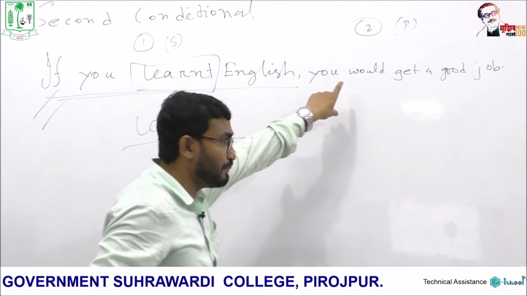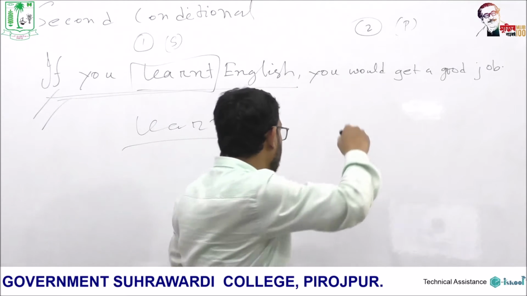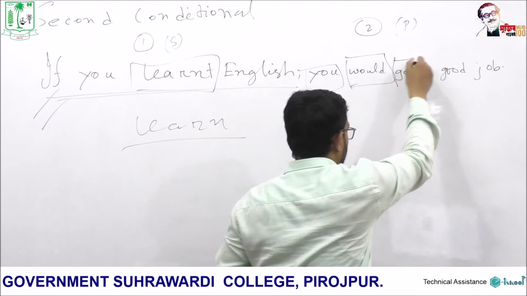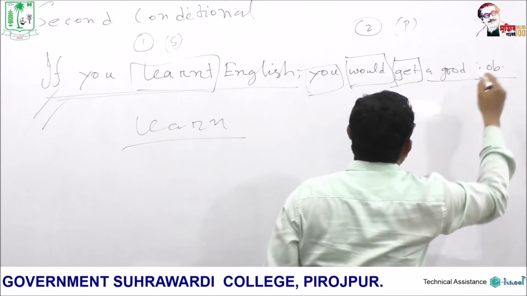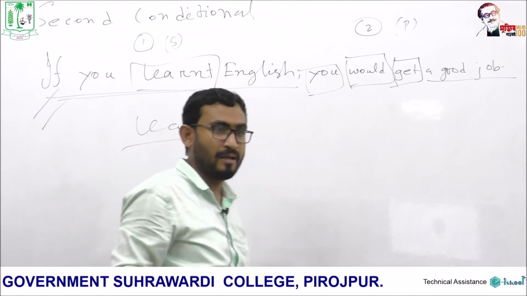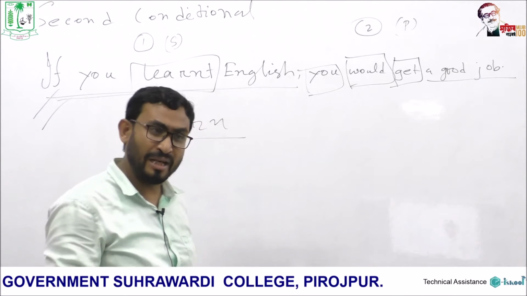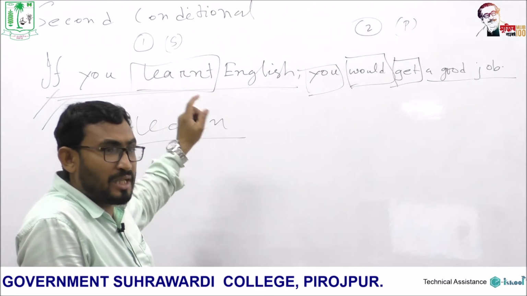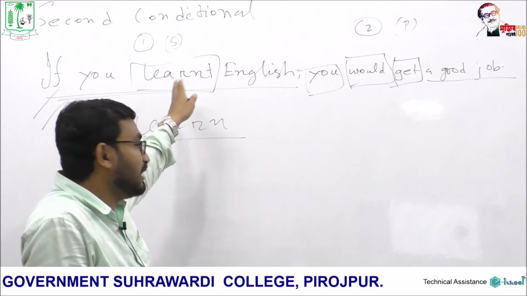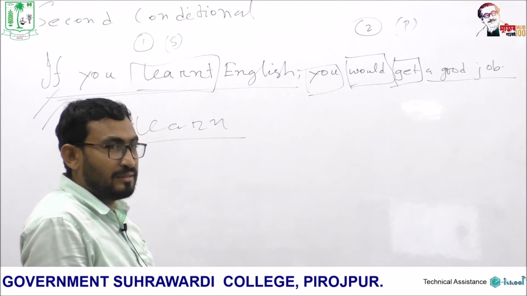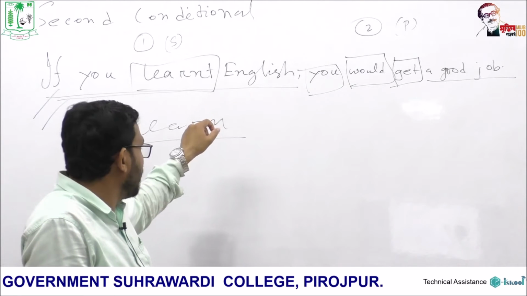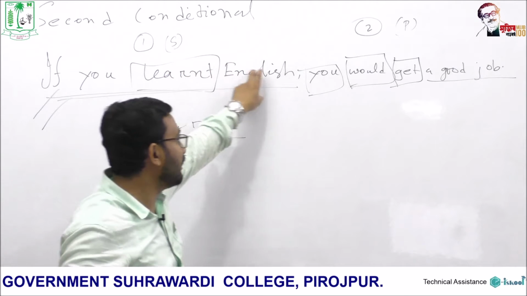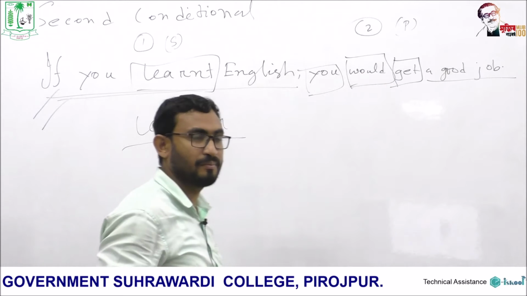Now look at the principal clause. Here we see subject, would, base form of the verb get, and object a good job. So now can you find the grammatical connection or relationship between the tenses used in the 2 different clauses? That is, the existing relationship of tense used in the if clause and in the principal clause.